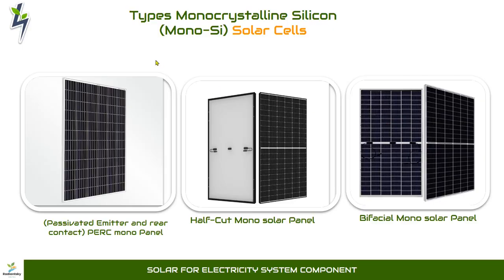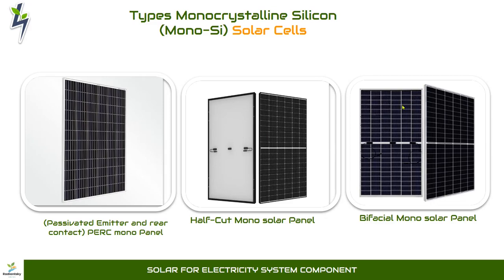So these are the different types of monopanel. You can have monopanel that comes in bifacial, in half-cut, or in PERC model. To identify them is very clear here. You see half-cut having demarcation behind it.